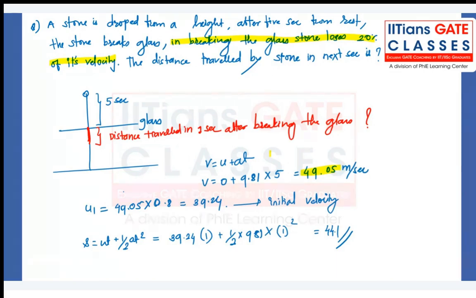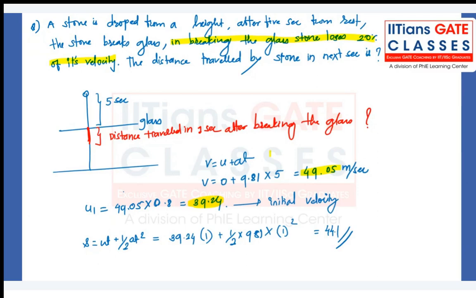So 10 meters per second velocity will become less after breaking the glass, right? So that's why 50 minus 10 is close to 40. So if we accurately calculate, it's 39.24 that we'll get after multiplying with 0.8. You understood why we are multiplying with 0.8, Nima and Deepashri? Because we are taking into account that after breaking the glass, stone loses 20% of its velocity.